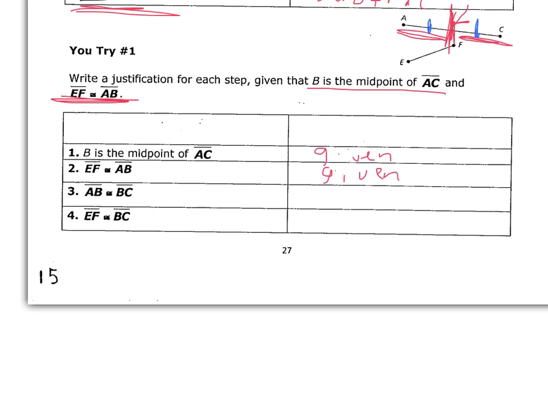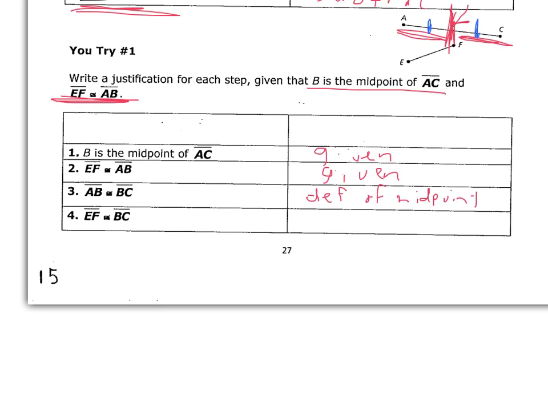So we know that AB is congruent to BC because of the definition of a midpoint. Sorry for my handwriting.